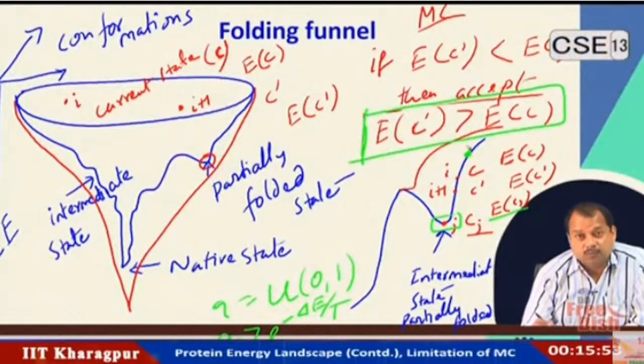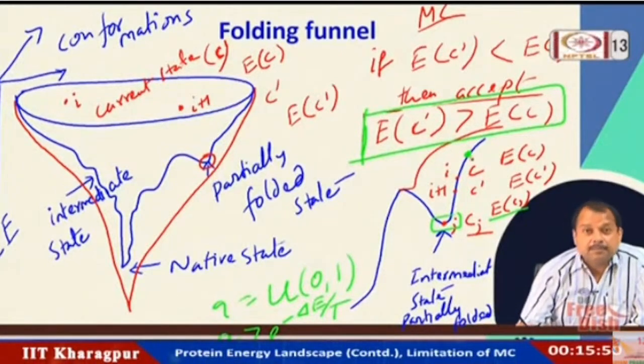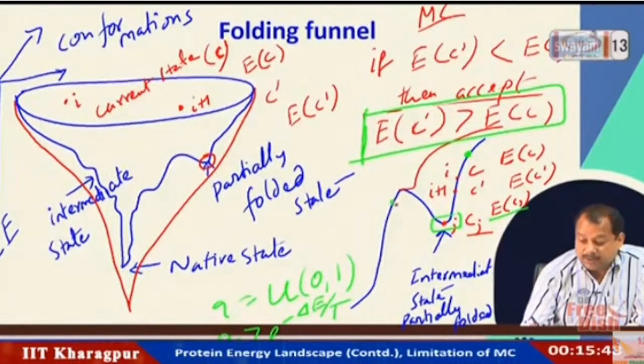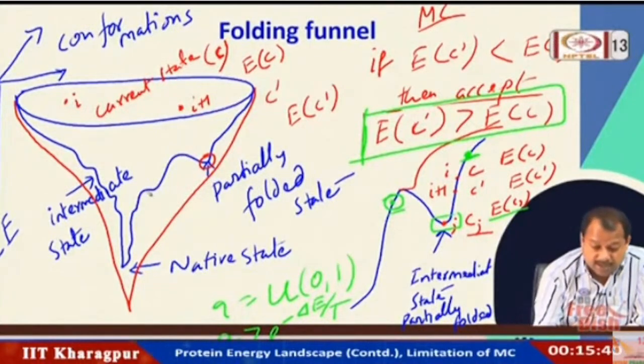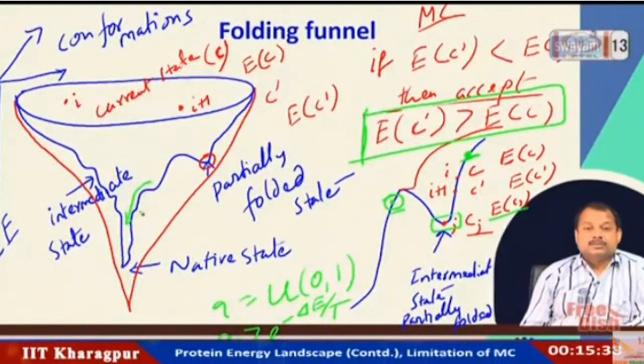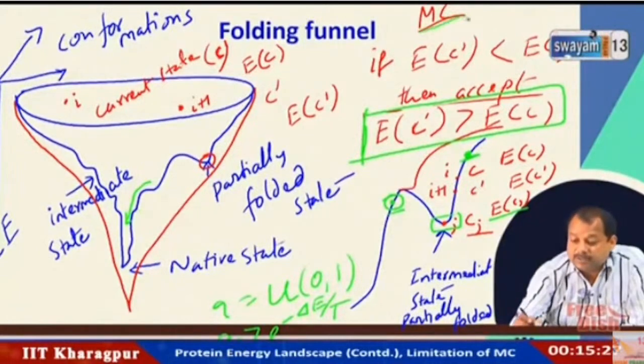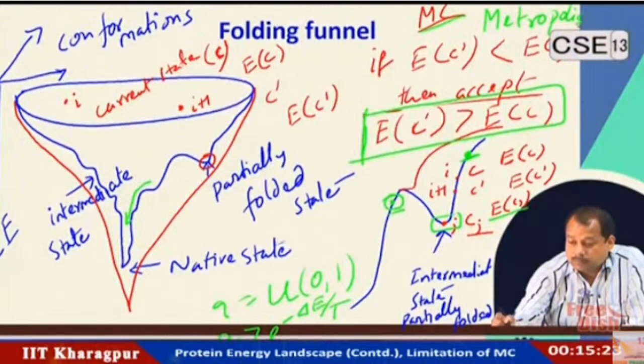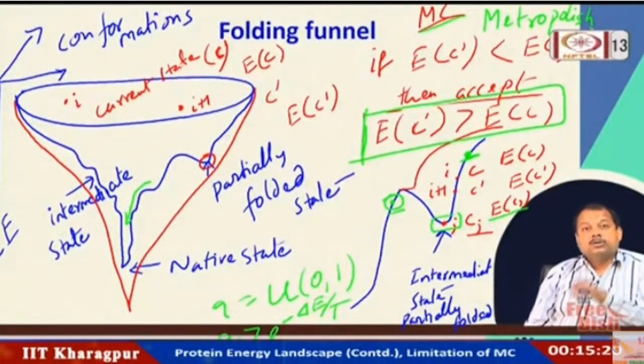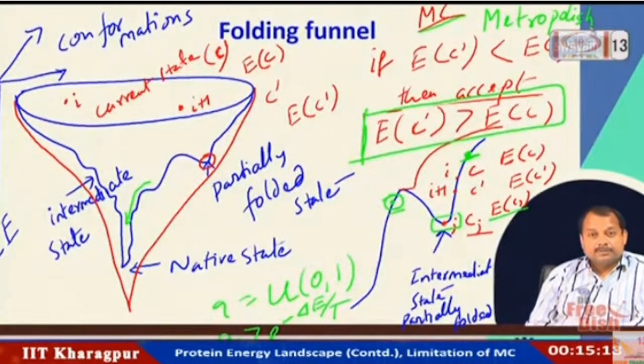Next, when I have another move, there is a probability that I will pick somebody here with the minimum energy, lower than this one. So, I will pick this one, and that way I will keep on moving and go to this region. Is this clear? So, that is the reason why it is not Monte Carlo only, but the Metropolis criteria is also required for my purpose.